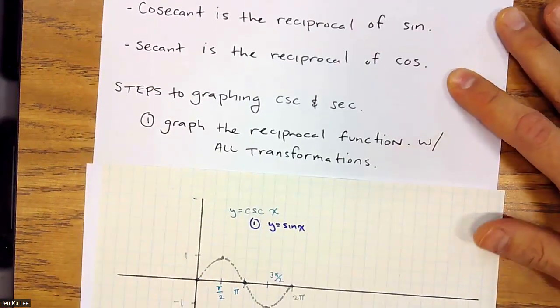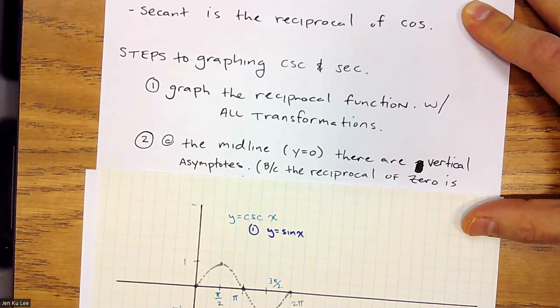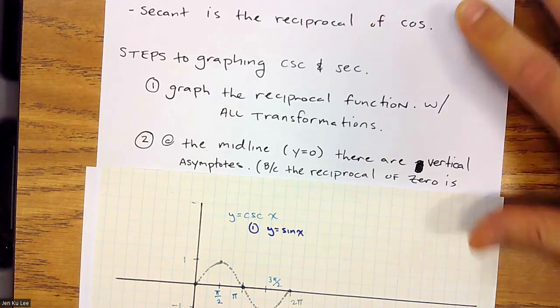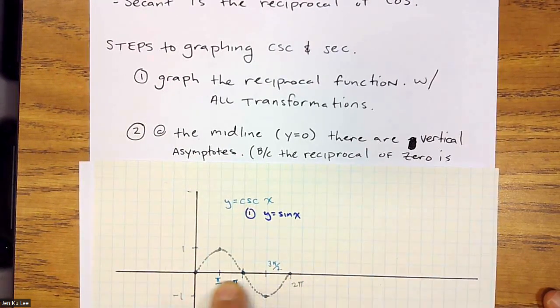Graph the reciprocal function, and then remember the midline here is your x axis. That's the middle horizontal line through the sine function.